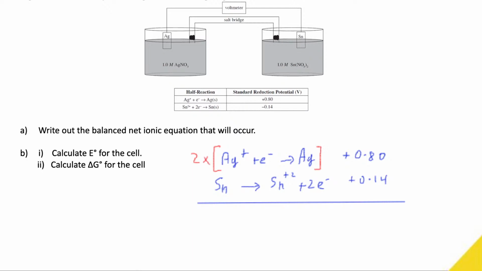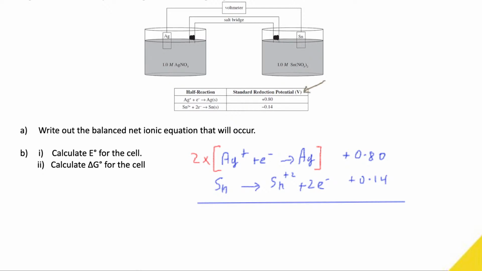And you noticed that I am multiplying only this and not the E0. And you may say, why aren't you multiplying the E0? You may have learned it's an intrinsic property. But the way you look at it is that the units for E0 are the units of voltage.